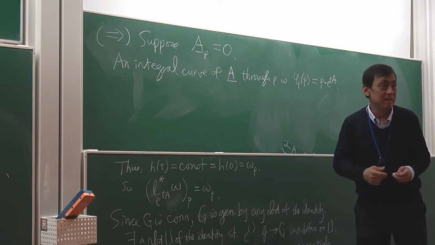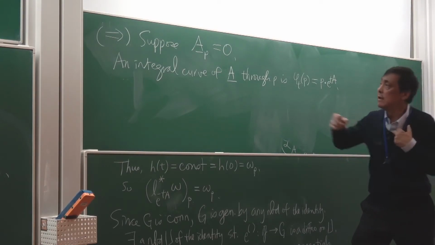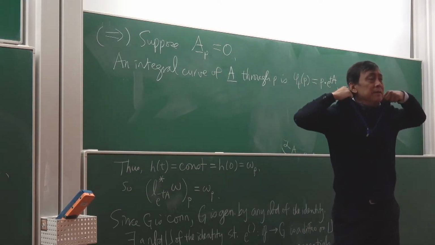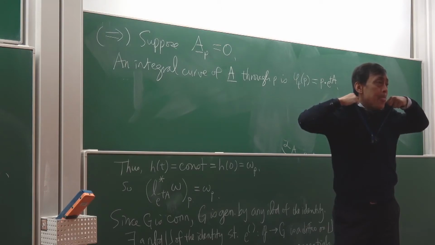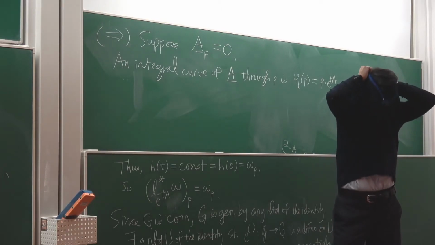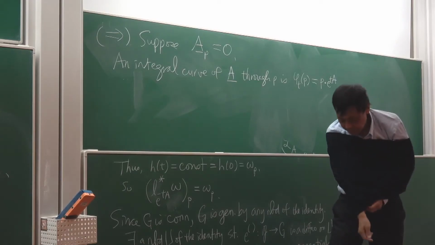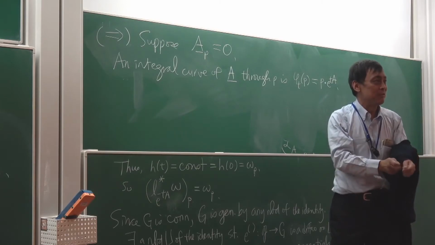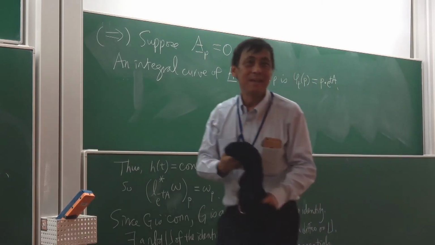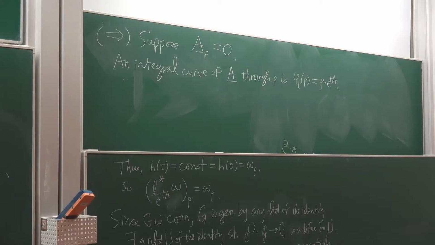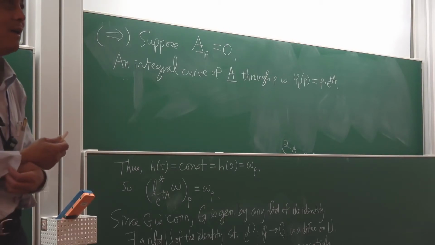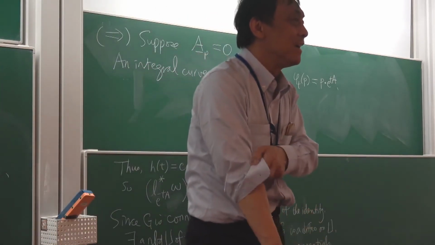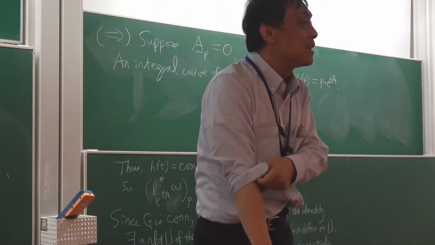But if the vector field vanishes at p, can you see another integral curve through p? There is another one: the constant map.